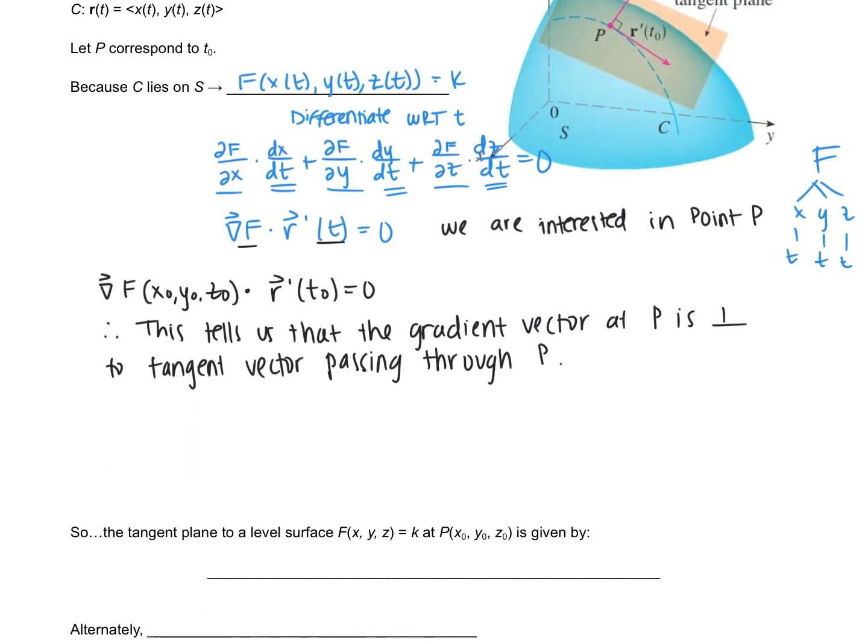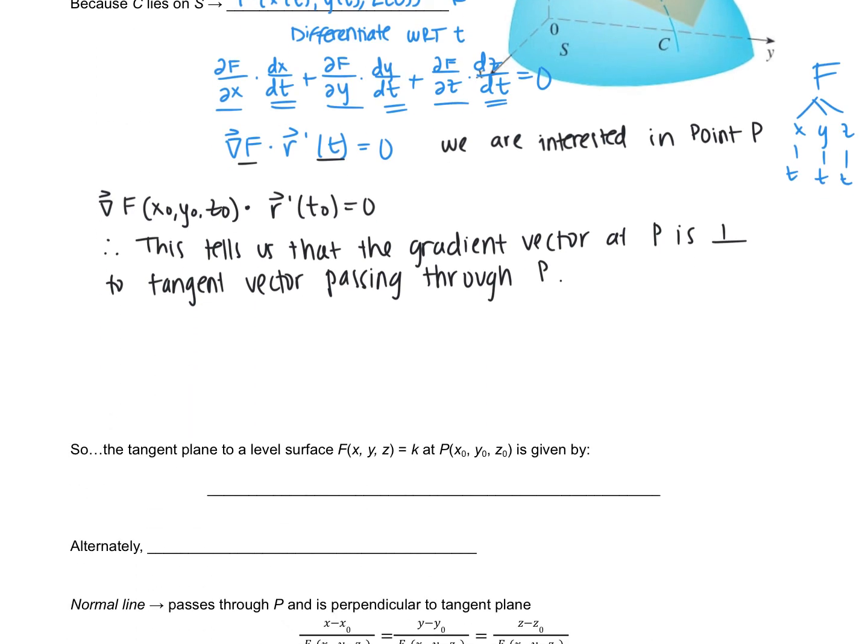So what that ultimately then leads us to is the tangent plane. You can see that down here. The tangent plane to a level surface at some point is given by the partial with respect to x at that point times x minus x naught, add the partial with respect to y at that point times y minus y naught, same thing with z, equal to 0.